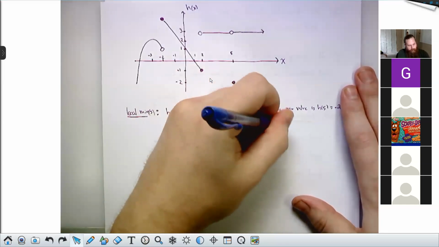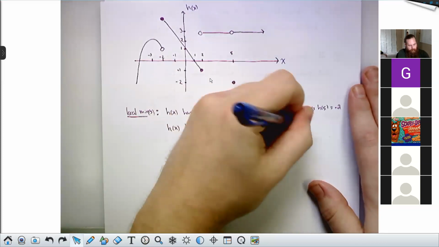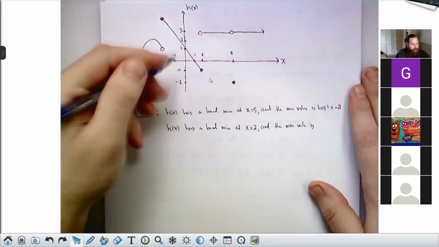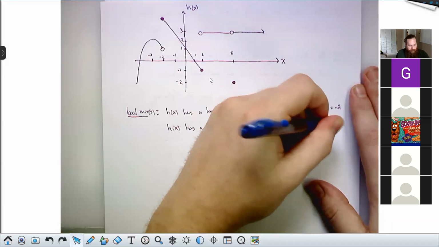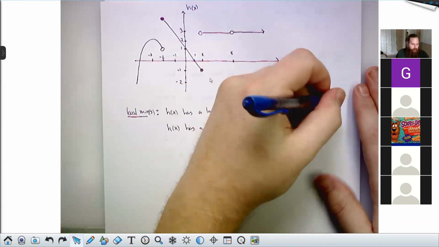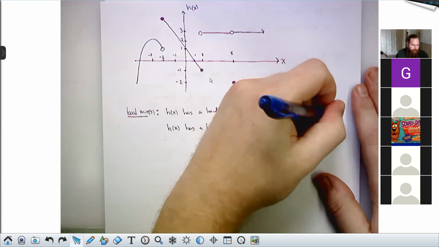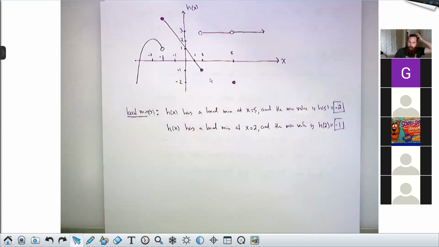And the min value there is h of 2, which is -1. I'm using the function notation there just to get us comfy with it, but you could just say that the min value is -2 or the min value is -1. The idea is that the min value at that point is the y value associated with that x value. And I just want us to get more and more comfy with function notation. That's why I'm writing it this way.